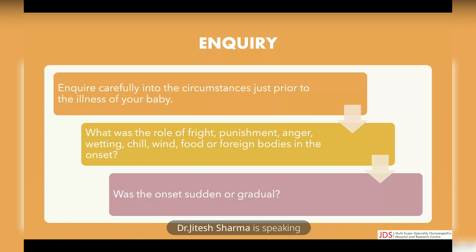What was the role of fright, any punishment or anger, getting wet, cold wind exposure, chills, any foreign body, or any food the baby has taken? And was the onset gradual or sudden? This has to be inquired very well during case taking.